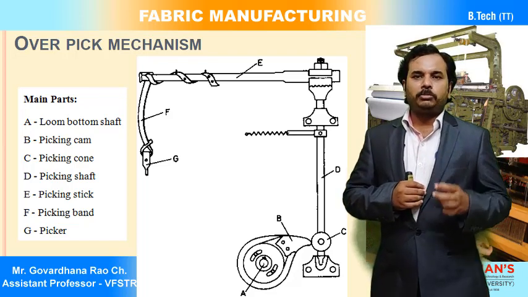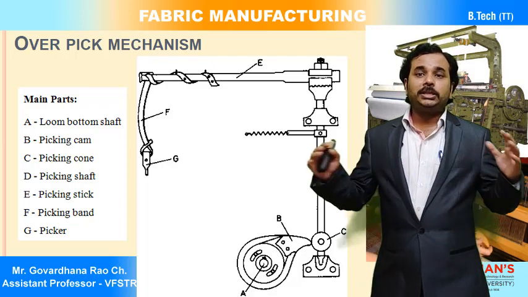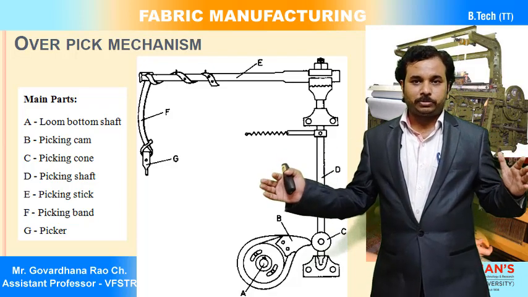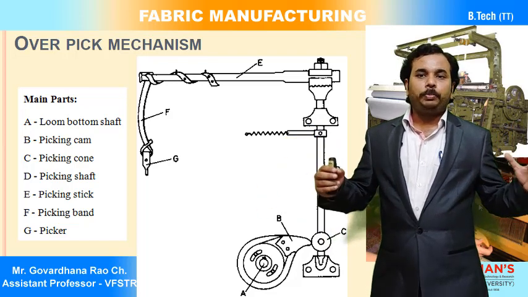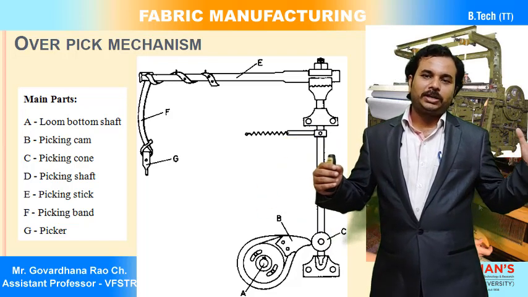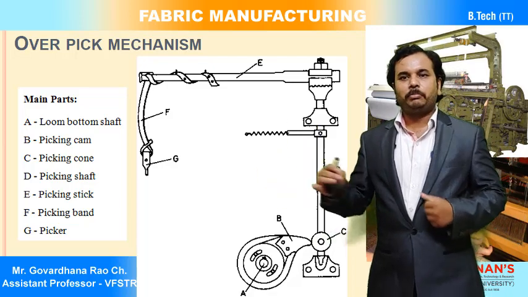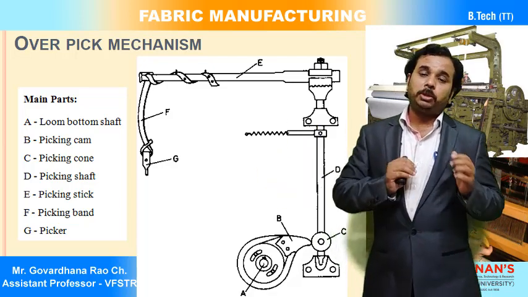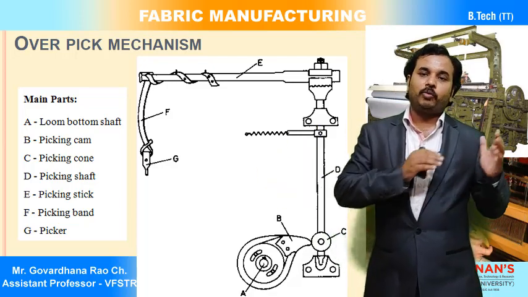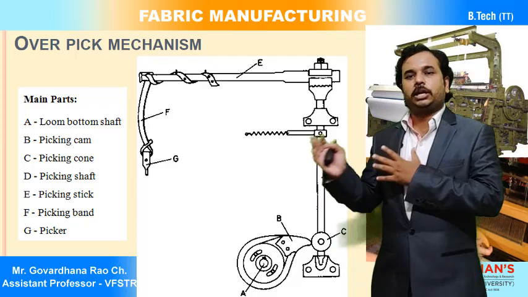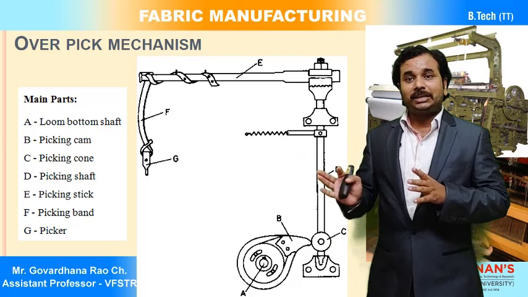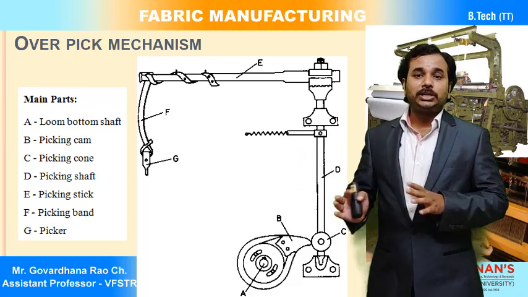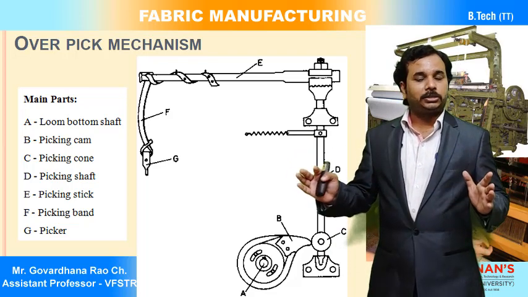On both sides of the bottom shaft we have two picking cams, one on one side and one on the other side, because the shuttle is going to travel from one side of the shuttle box to the other side of the shuttle box. That is why, in the shuttle loom, we require a picking mechanism on both sides.